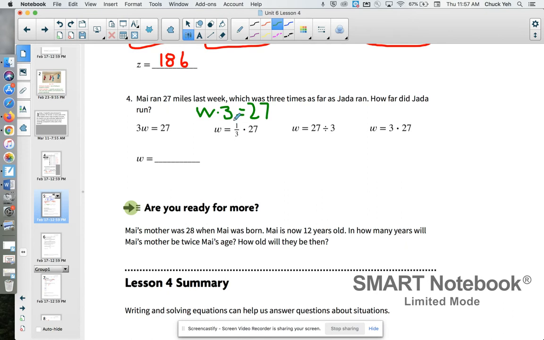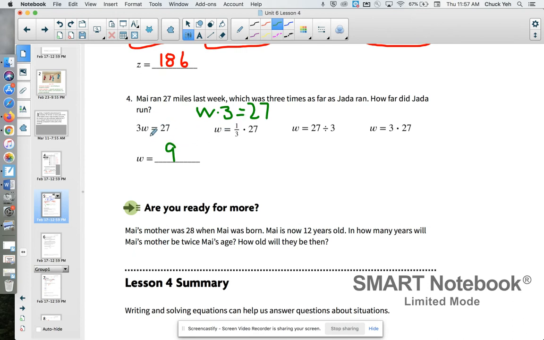So if we do this, the opposite of multiplication is division, so 27 divided by 3, wouldn't we say W equals 9? Right? Jada ran 9 miles. Maya ran 27, 3 times as far as Jada. So 3 times 9 is 27.